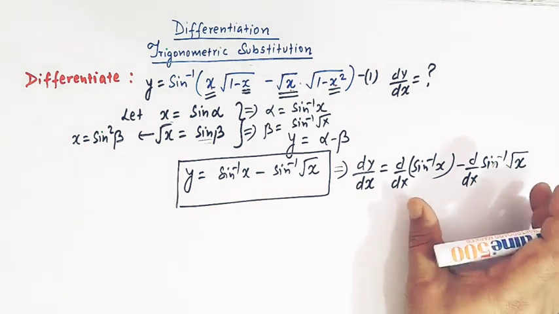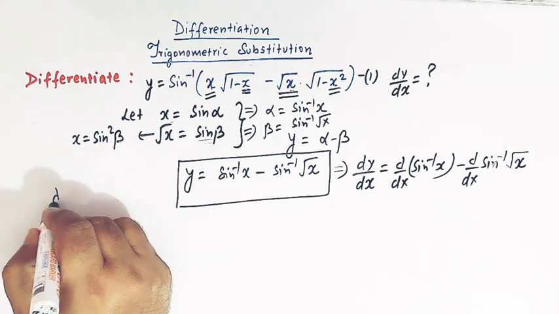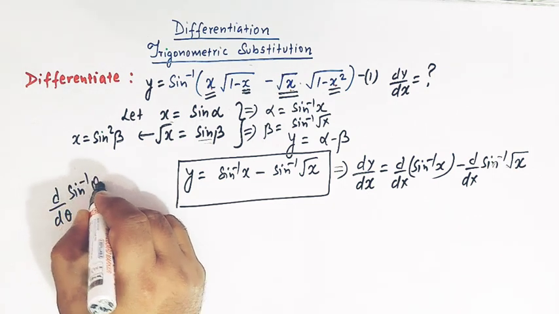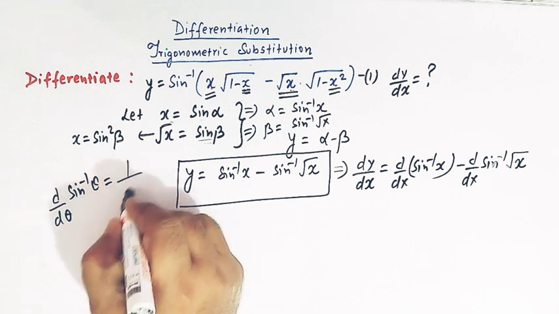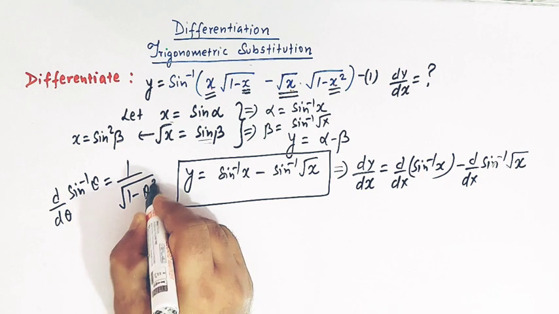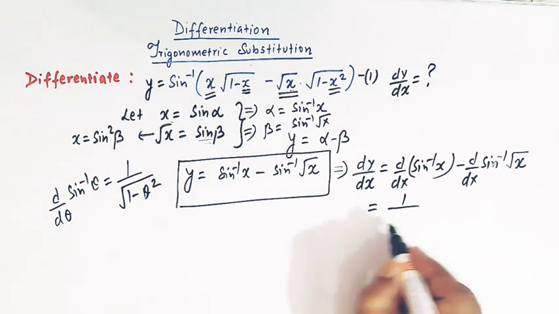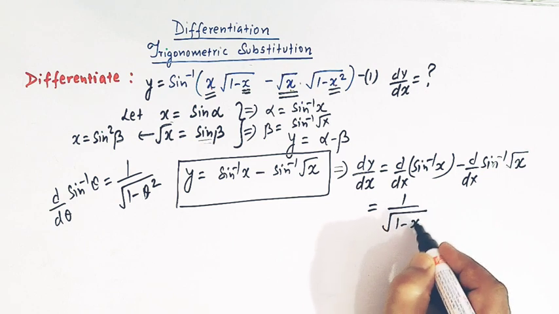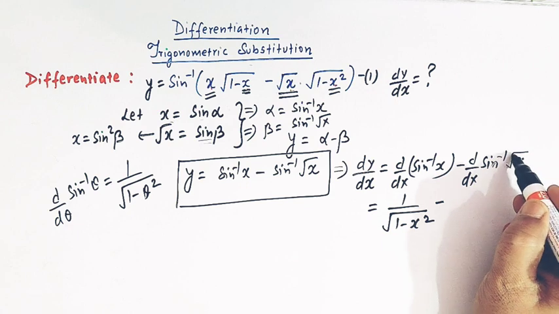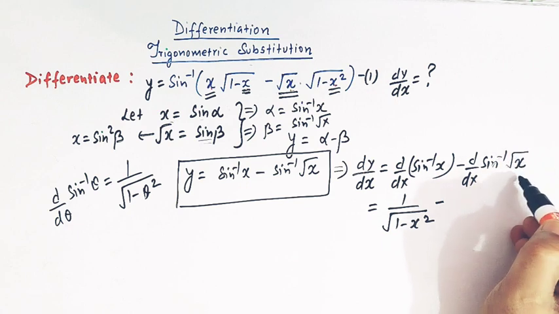And from calculus, we know that the standard result for the derivative of sine inverse theta is 1 over square root of 1 minus theta square, right? So here we have 1 over square root of 1 minus x square, and here we have sine inverse square root of x, right? So for x we have square root of x.